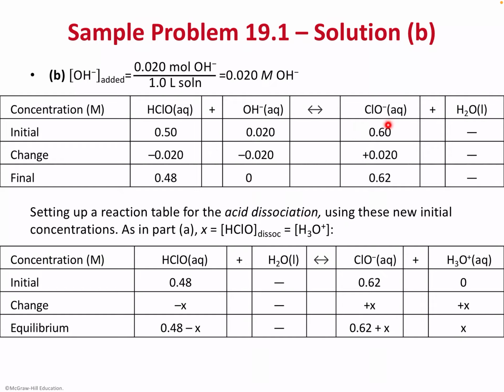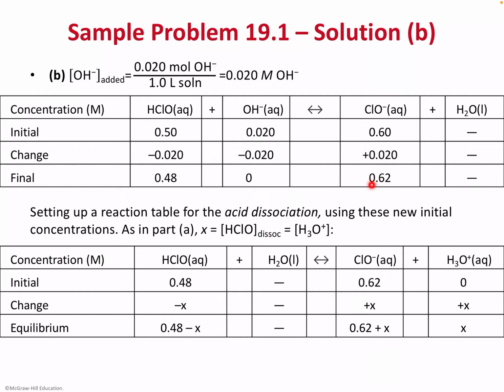For this one, initially you had 0.6, and by reacting with hydroxide you generated 0.02, so 0.6 plus 0.02 makes 0.62 amount of hypochlorite ion. Now our goal is to find the pH of this solution. By doing this part, we found the concentrations of the acid and the base after adding hydroxide.